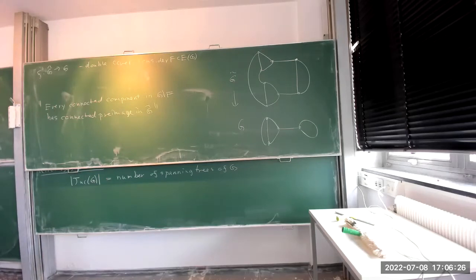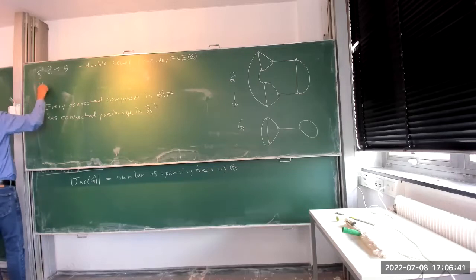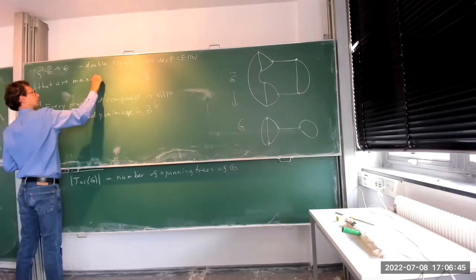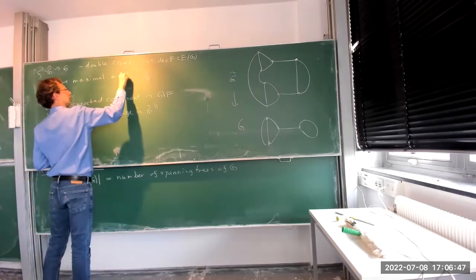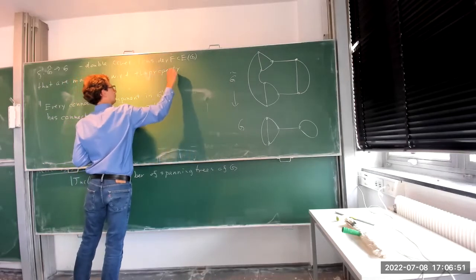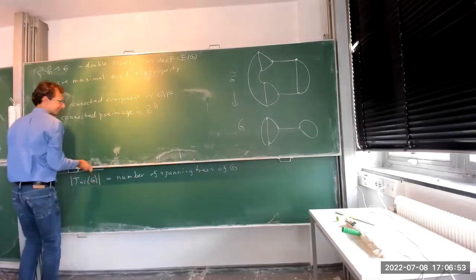So I want to remove edges from my target graph so that my cover stays relatively connected, so to speak, that it doesn't have more connected components on the top or on the bottom. And I want to consider F that are maximal with respect to this property.